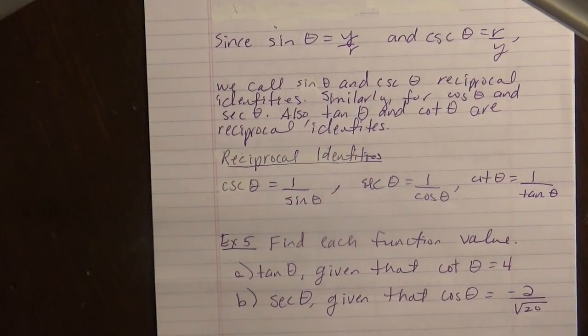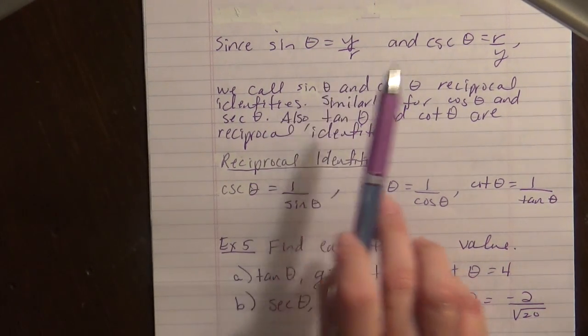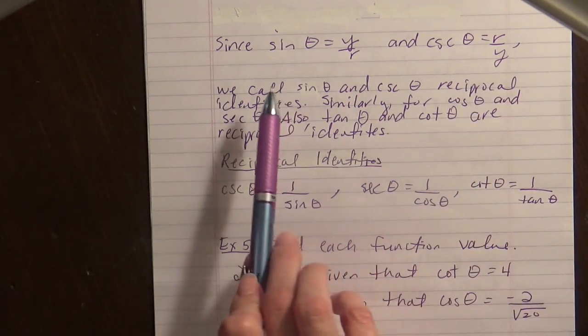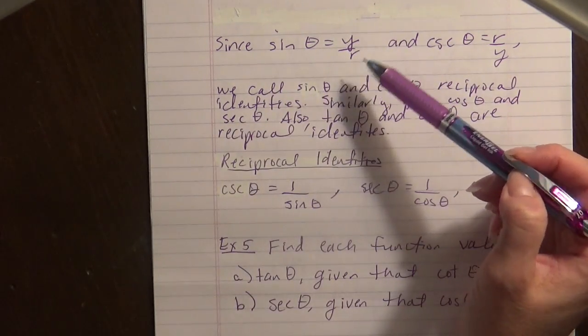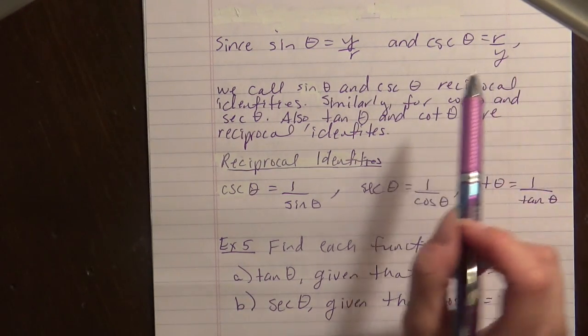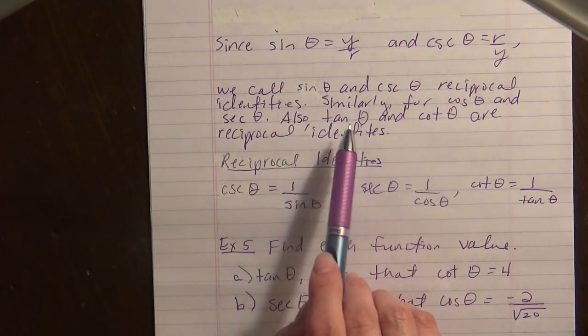Okay, so the next page just kind of talks about something that we've already talked about. Since sine theta equals y over r, cosecant theta equals r over y, we call sine theta and cosecant theta reciprocal identities.